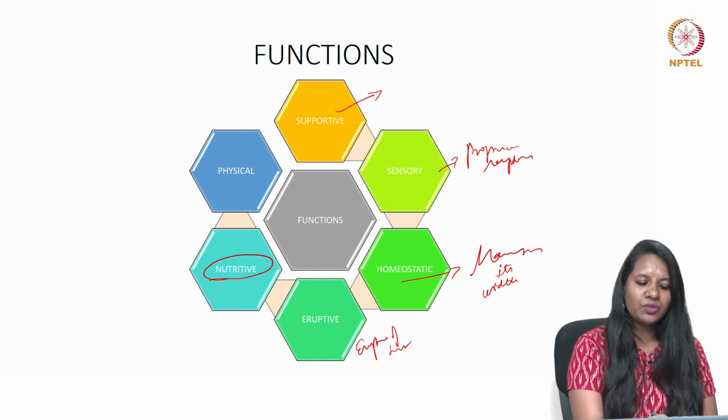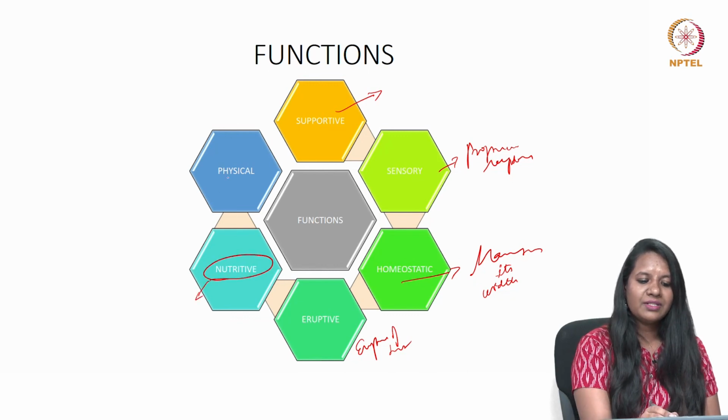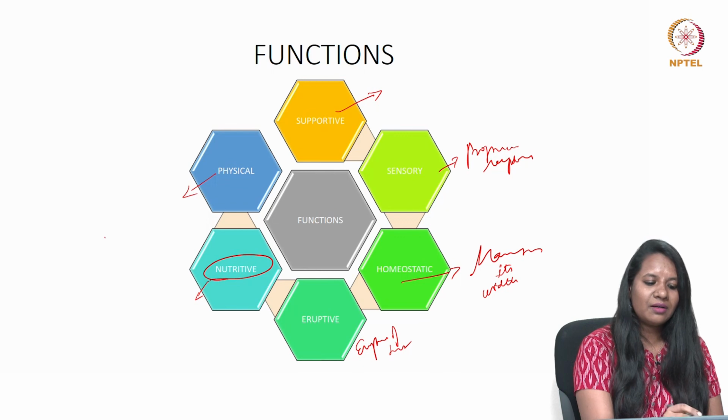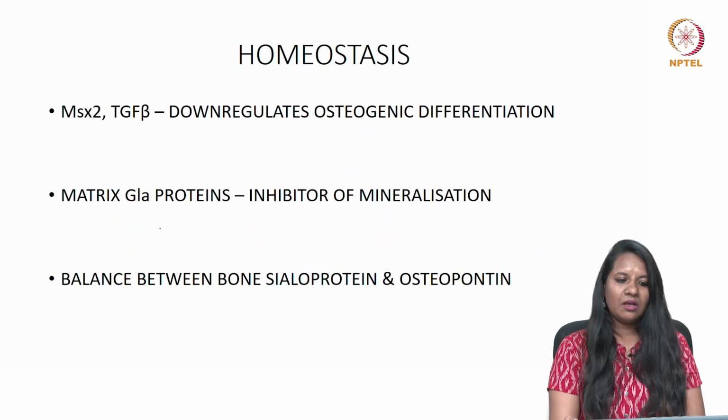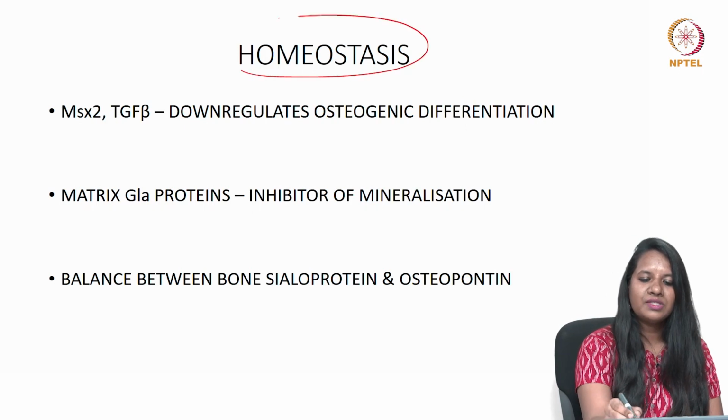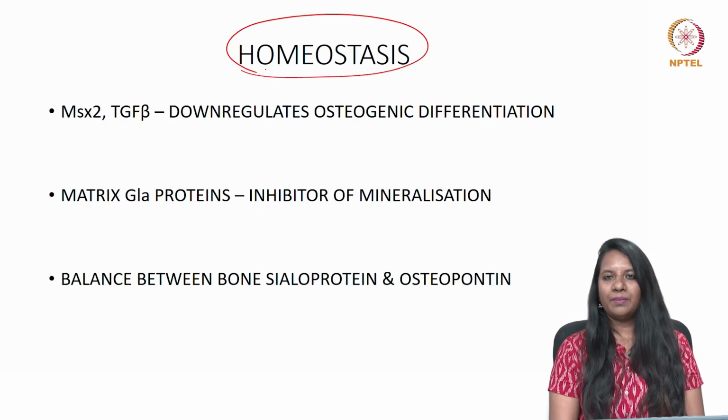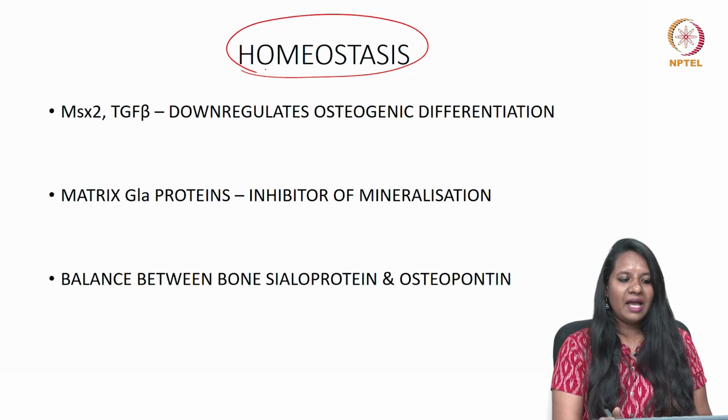It provides nutrition and it also withstands mechanical forces. So homeostasis, which is a special feature of the periodontal ligament, how does it occur?